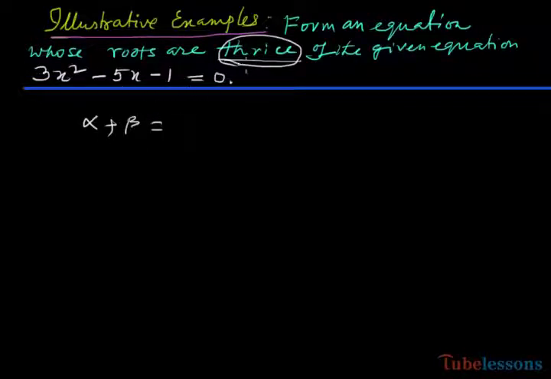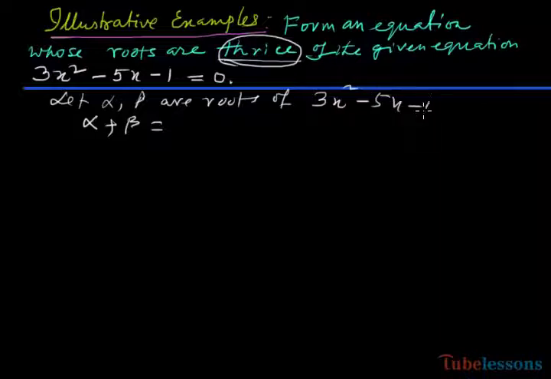Let alpha beta are roots of 3x square minus 5x minus 1 is equal to 0. Here alpha plus beta is equal to 5 by 3, and alpha beta is equal to minus 1 by 3.